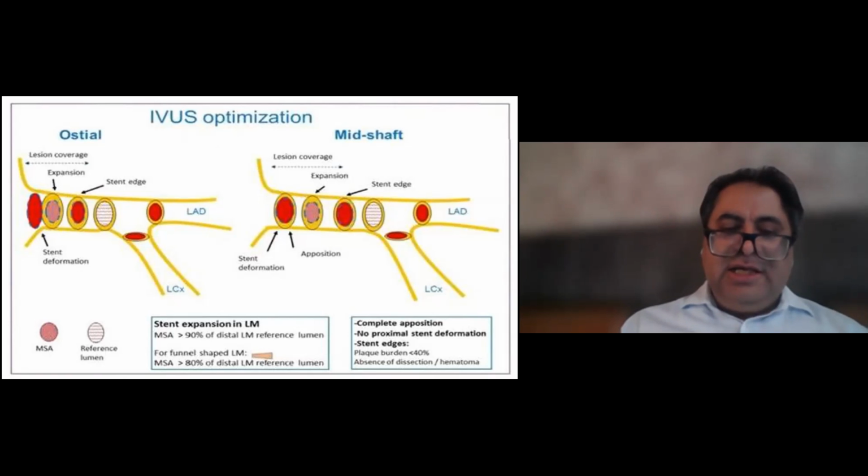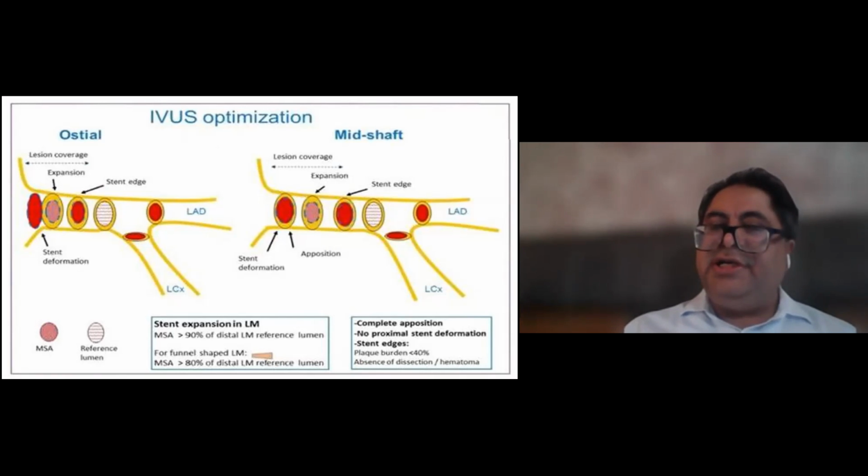For stent expansion in left main, the MSA should be greater than 90% of the distal left main reference lumen. For a funnel-shaped left main, an MSA of 80% of the distal left main reference lumen can be sufficient for a good result.